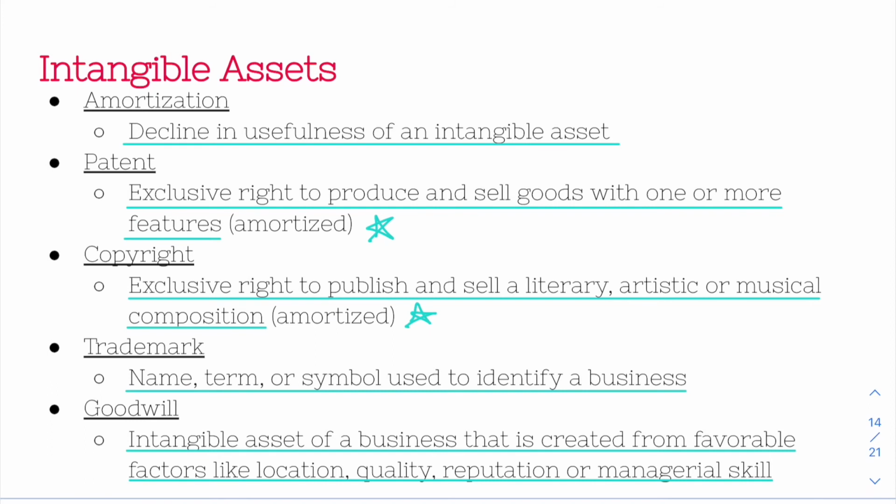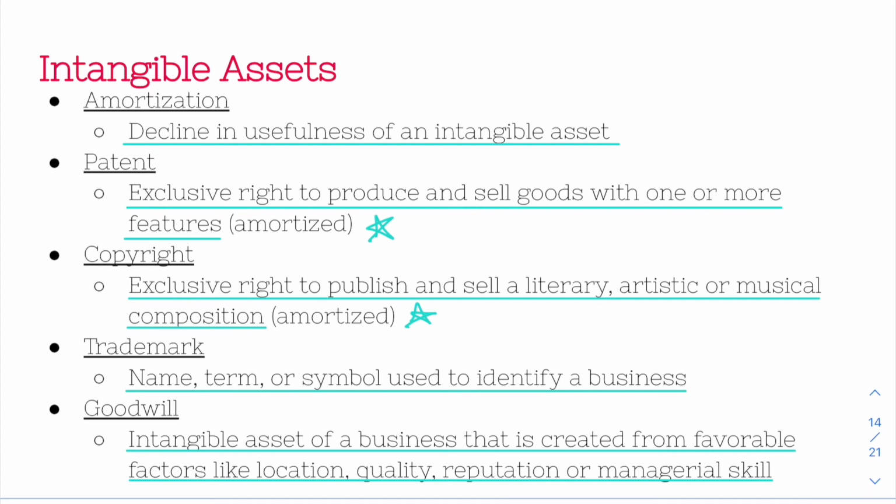That difference between what the business is worth and the price you pay for it is going to be goodwill. And goodwill is not amortized. It exists on the balance sheet, but it is going to be impaired. So when something happens to goodwill that causes it to decline, we report that as an impairment to goodwill.